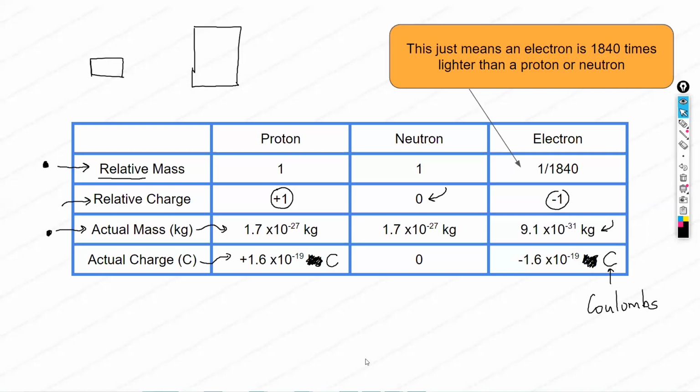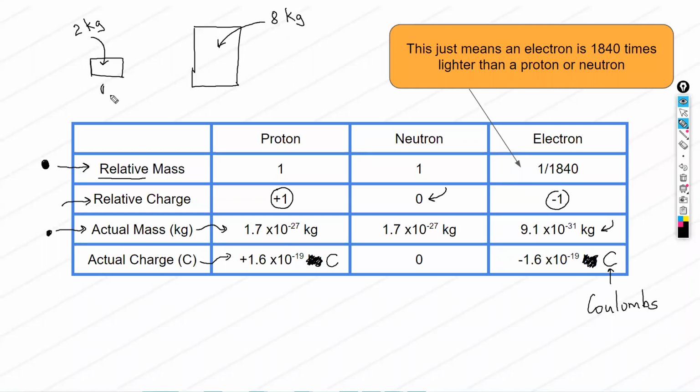So pay attention here. So relative mass, okay? Let's say I have a block, and I tell you that this block is 2 kilograms. So that's the mass of the block. Now, I have another block, and I tell you its mass is 8 kilograms.